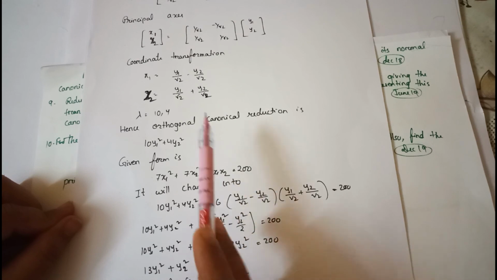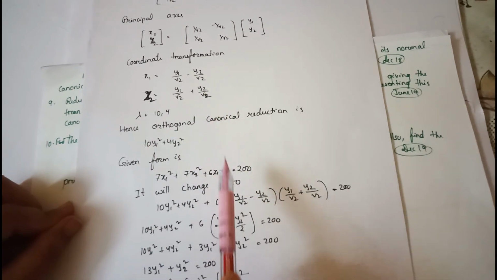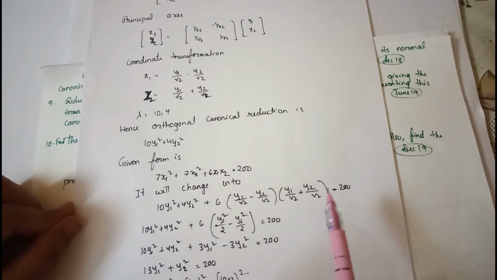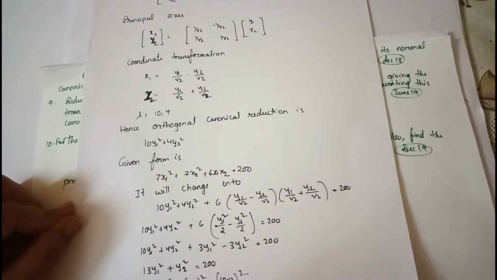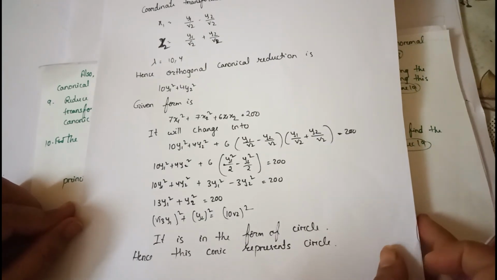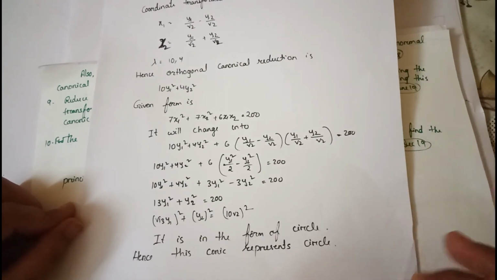Then x1 and x2, the variables have been changed, so I replaced them with the transformed variables y1 and y2, then solved it and I got this much. So it is in the form of circle, hence this conic represents a circle.